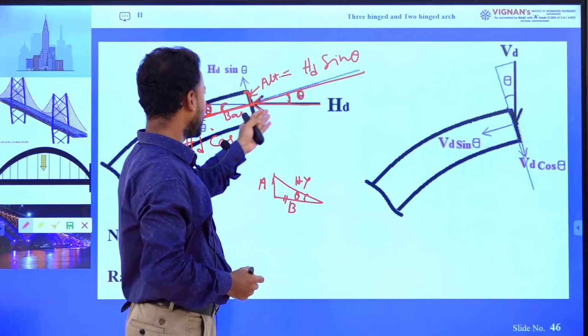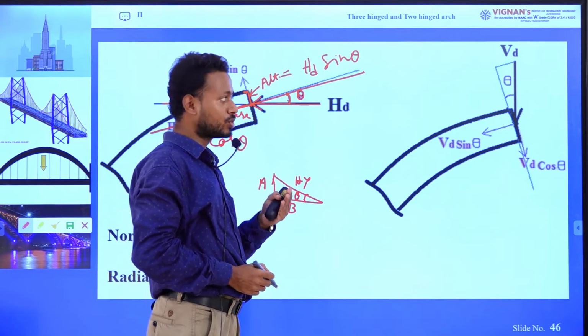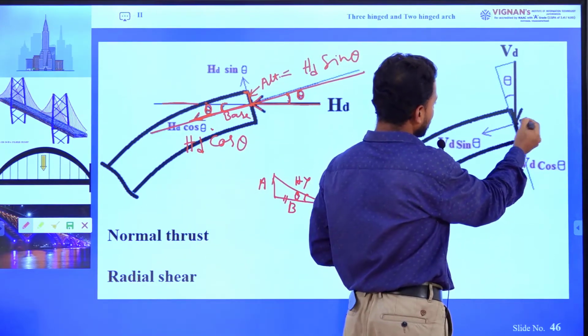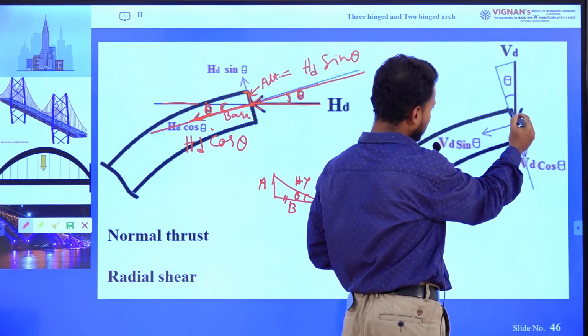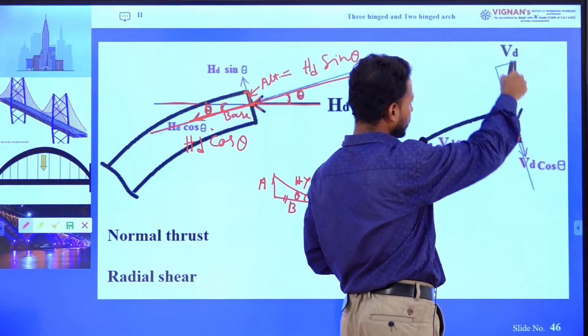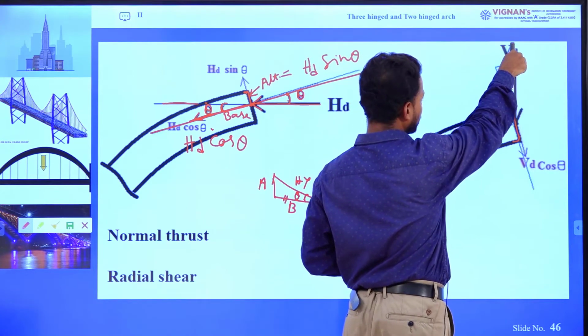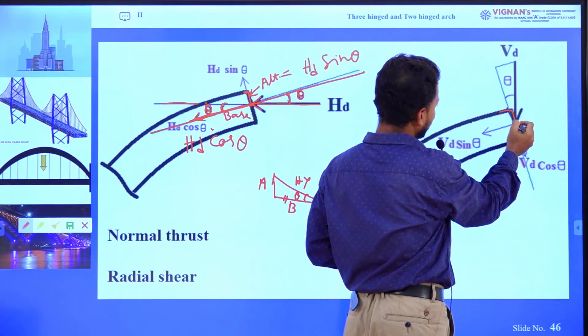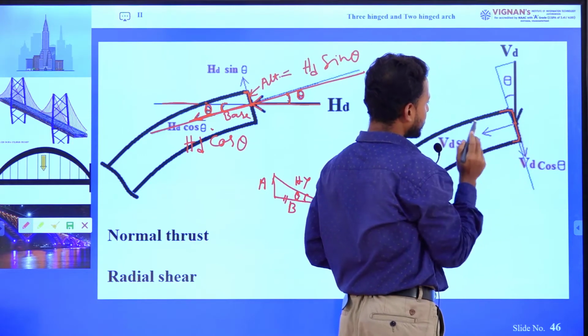Horizontal thrust, I have two components. Similarly vertical force also will have two components, one is perpendicular to this plane, another is parallel to this plane. So what are the two components that will be acting on this D point, I will calculate.